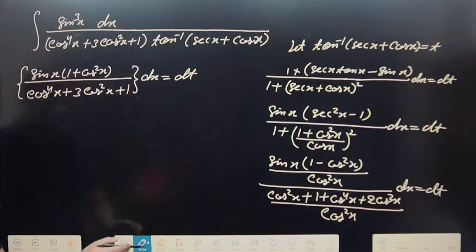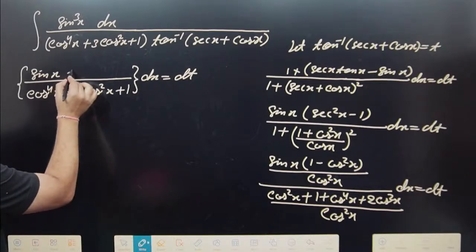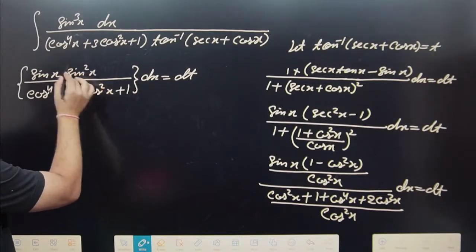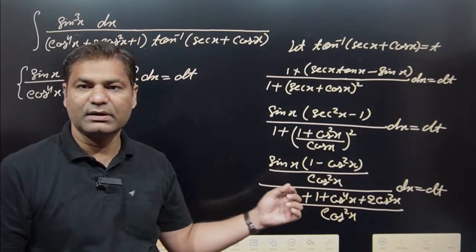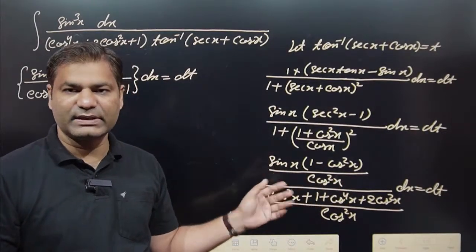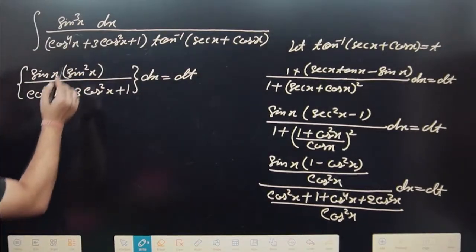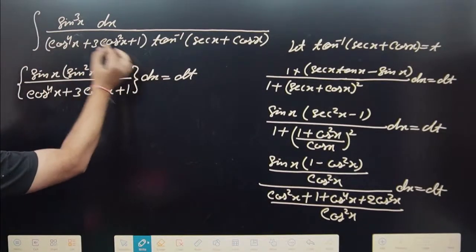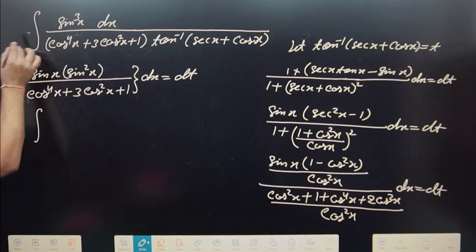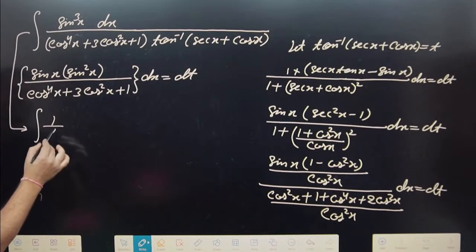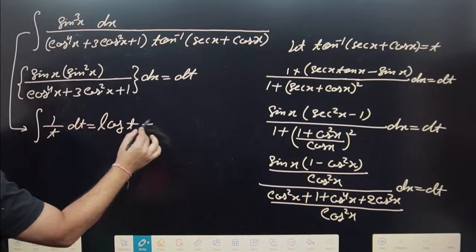It is written simply sin square x. 1 minus cos square x is written as sin square x, so sin square x into sin, simply sin cube x. So basically that part is replaced by dt, and after that we put that value 1 by t dt, and that one is basically log t plus c.